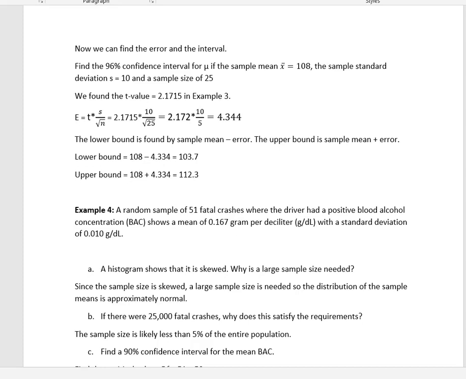Divide by the square root of n, which is the sample size of 25. The square root of 25 is 5. So 10 divided by 5 is 2, times the 2.1715. That's our error. The lower bound is the sample mean minus error. The upper bound is sample mean plus error.